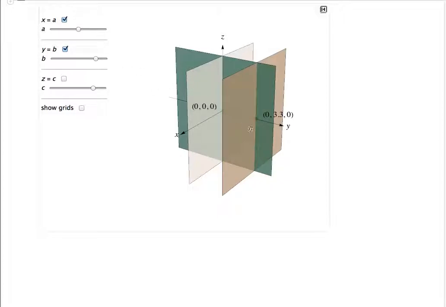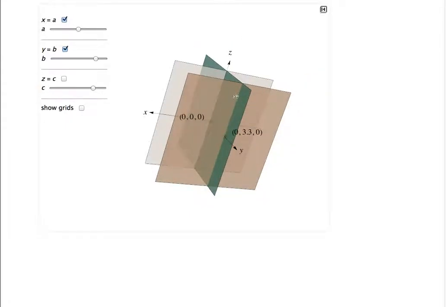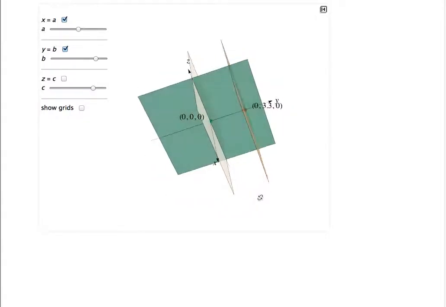One of the things we'd want to be able to do is give an equation for the line of intersection here. So what's the equation of this line along here? That would require getting a point on the line and a vector pointing in the direction of that line. We'll talk about that more later as we get into lines in space.